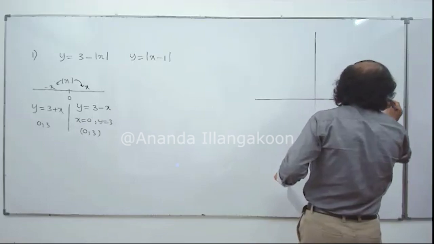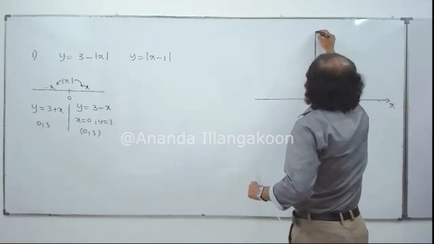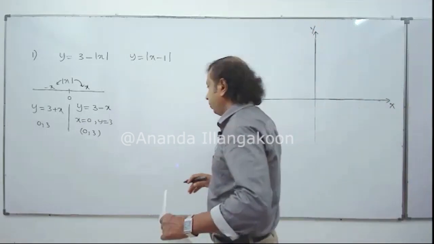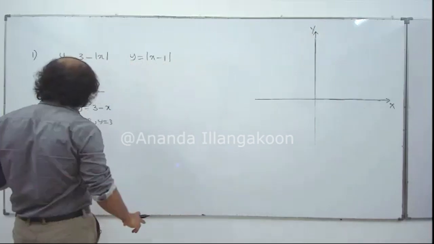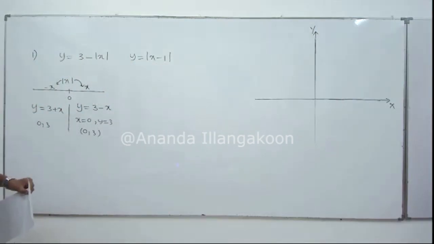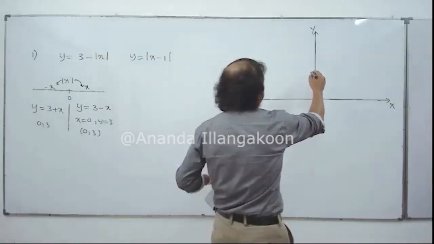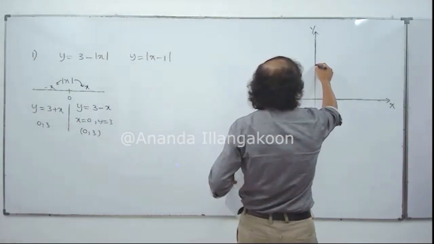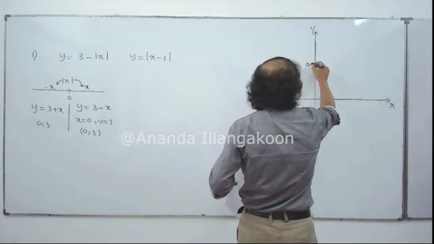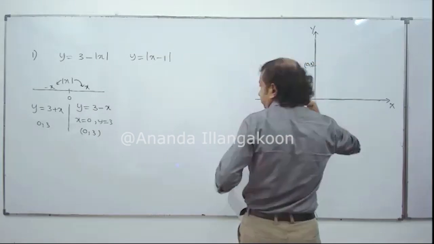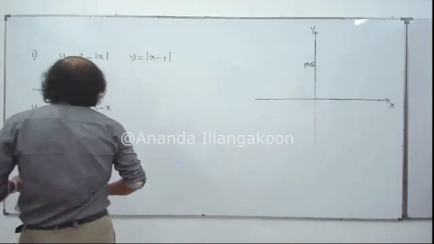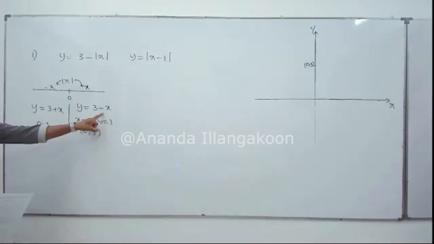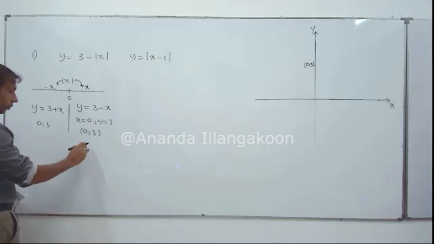Right, this is the x-axis, y-axis. At x equals 0, y is 3, suppose somewhere here. Another point we need to draw this: we put y equals 0.